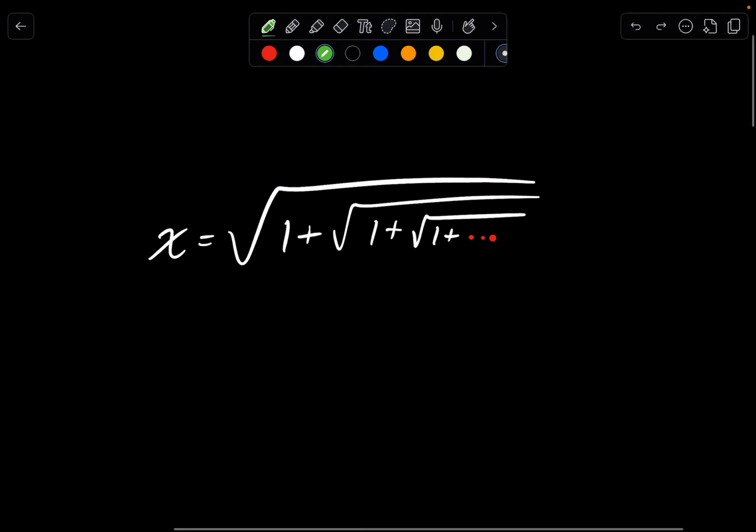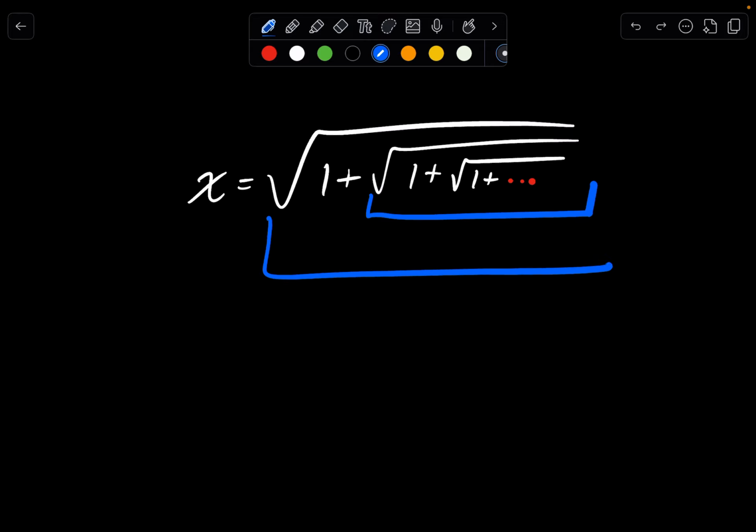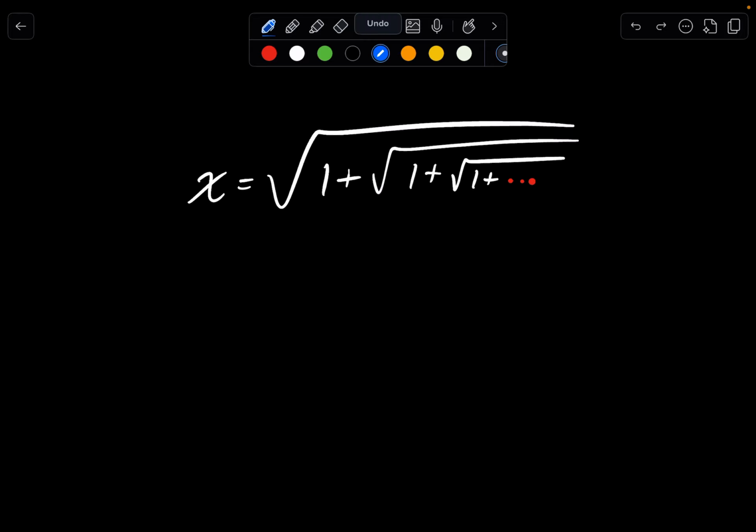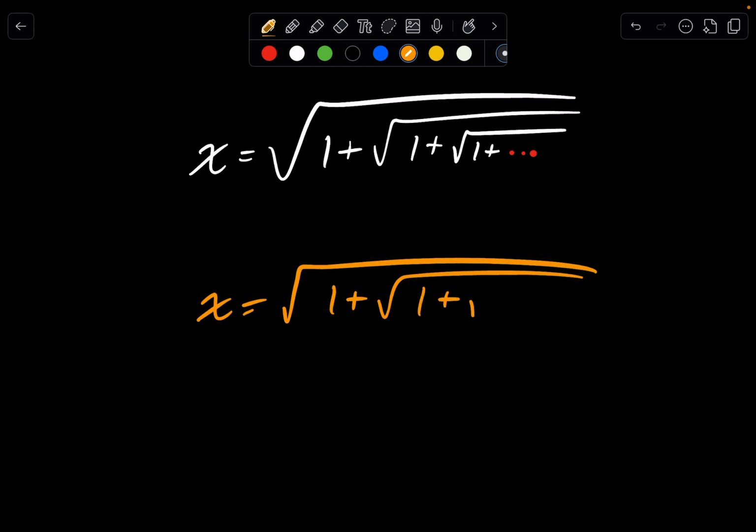So if you watch my other video, you'll notice something right away. This inside radical of square root of 1 plus square root of 1 plus infinitely many times is actually x indeed. So if you didn't catch that, let me rewrite this. X is equal to the square root of 1 plus square root of 1 plus square root of 1 plus dot dot dot.